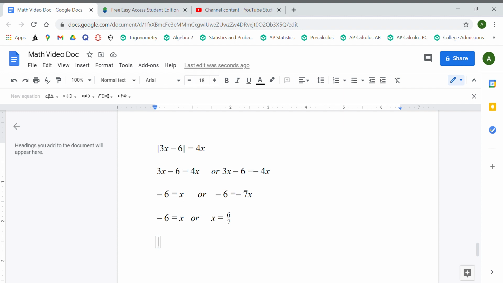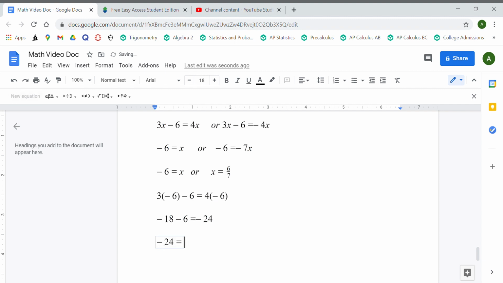So, let's check negative 6 first. So check, substitute negative 6 for each time x occurs. We have negative 18 minus 6 equals negative 24.